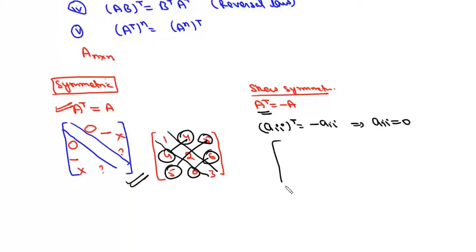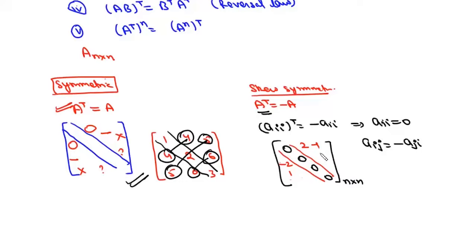So in the case of a skew symmetric matrix, all the diagonal entries must be 0. And then Aij will be equal to minus Aji. So all the diagonal elements must be 0, and across the diagonal, the numbers must be numerically the same but of opposite sign. So if we have this 2 here, then it should be minus 2. If it is 1 here, it should be minus 1.